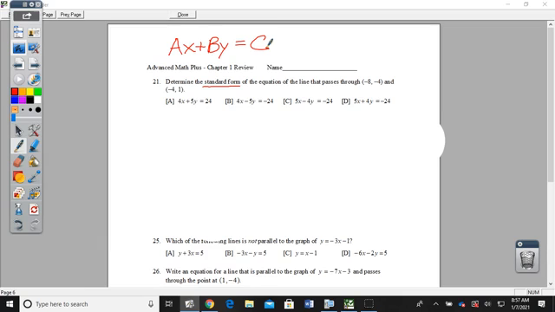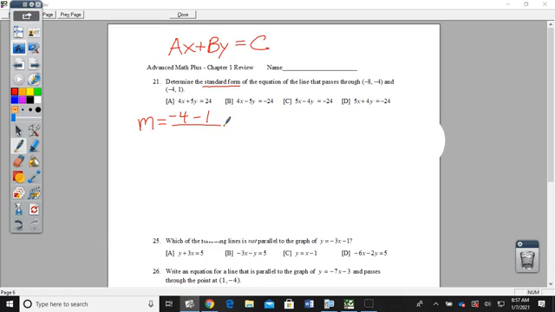So first we have to find the slope. What do you do with the y's over the x's? Add, subtract, multiply, divide? You subtract. So -4 minus 1. Remember, it does not matter what order you do as long as you do it the same on top and bottom.